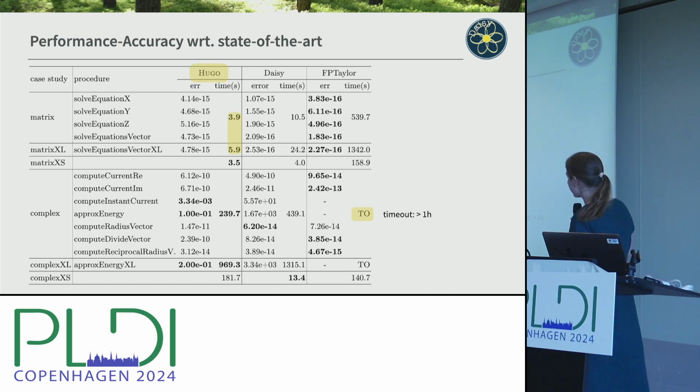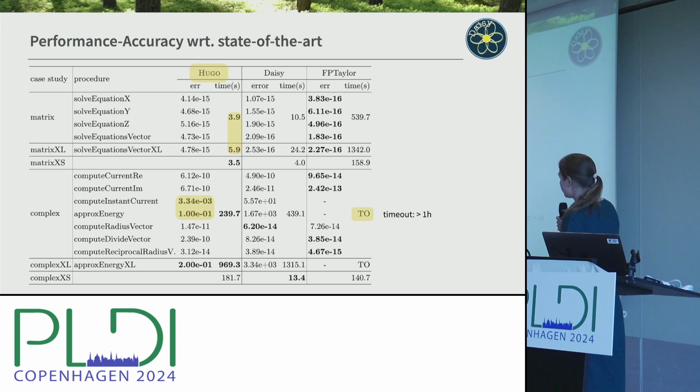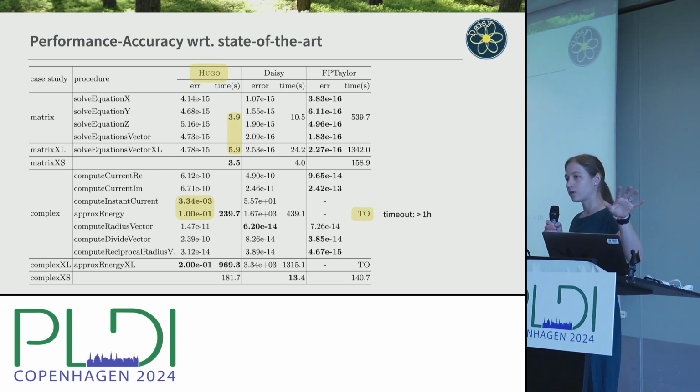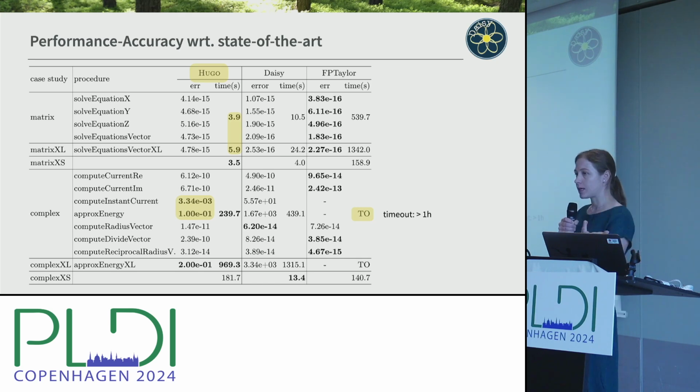And then for some larger benchmarks, FP Taylor times out after an hour. Compared now to the error bounds with DAISY, if you compare these two numbers, they're much tighter than DAISY's error bounds, even though the analysis takes half the time, and this is because this approach uses the more accurate optimization-based approach and not the data flow analysis one. But we have made it scale up to actually work for these kinds of programs.